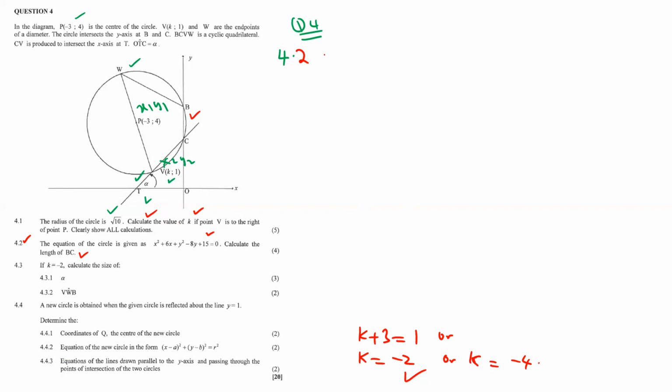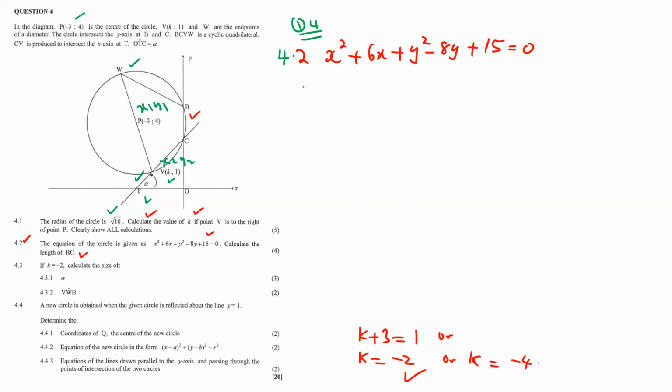First things first, we know that the equation of the circle is given as x squared plus 6x plus y squared minus 8y plus 15 equals 0.